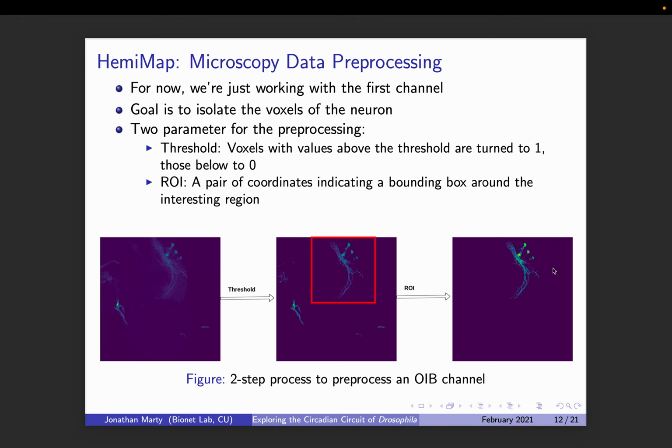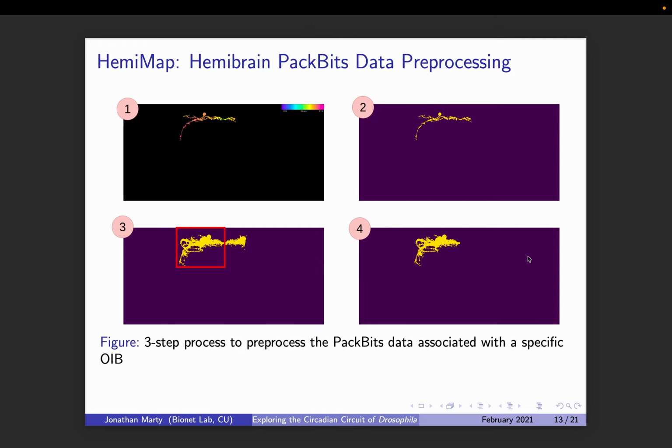What this image actually is, is the 3D image, but I've gone through each of the z-axes and summed across all the values. So the color would indicate the number of voxels in that XY position. For the PackBits representations, we start off with this figure here.